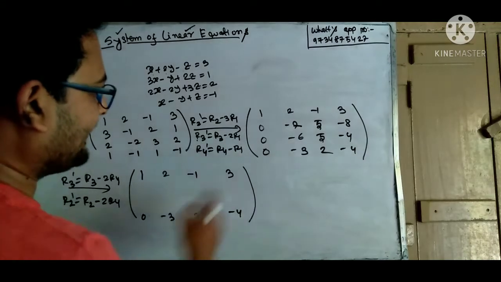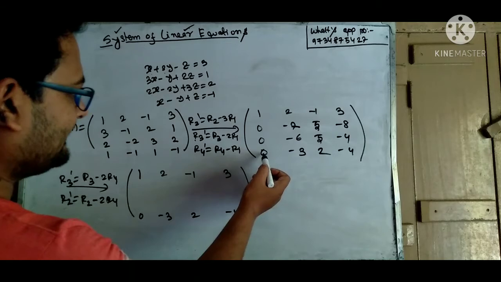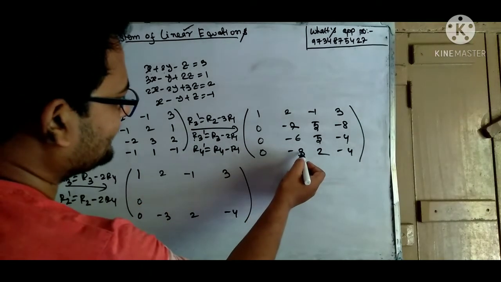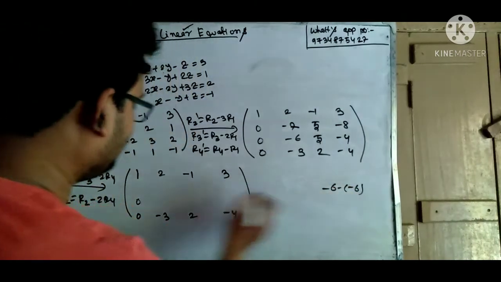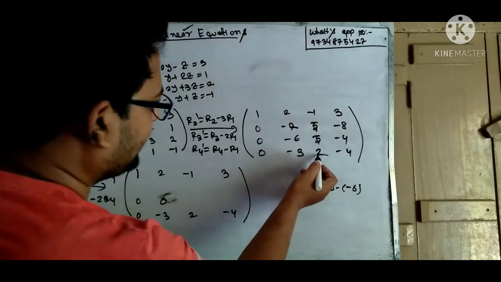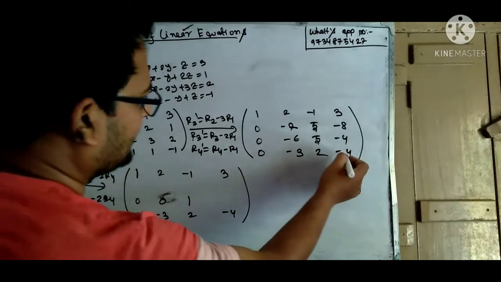Now, what happened in the second row? In the third row, if we multiply this by 2 and subtract from this, this will be 0. This is multiplied to minus 6, minus 6 minus of minus 6, that means this will be 0. Multiplied by 2, that means 4, 1.